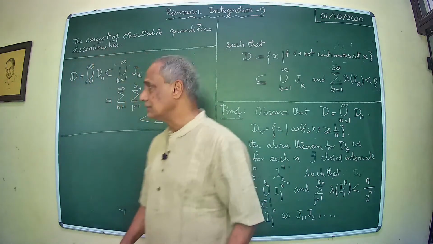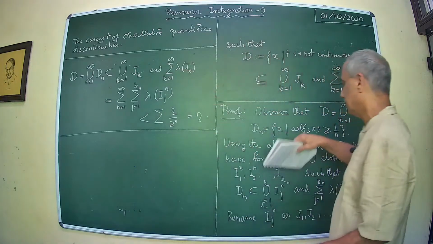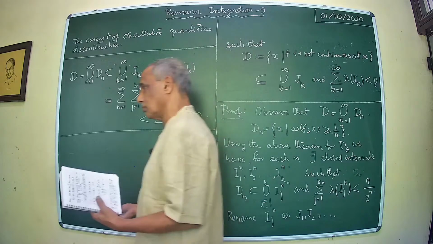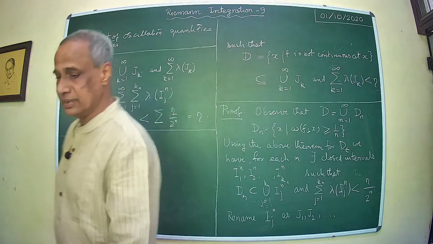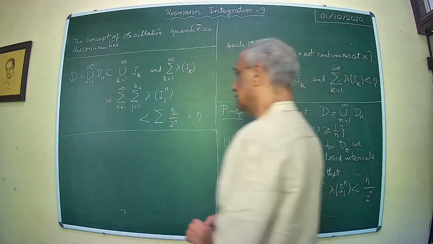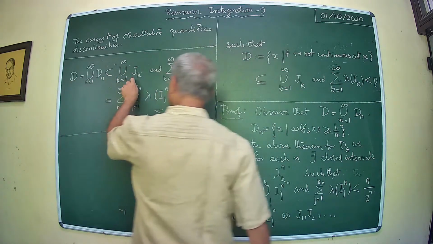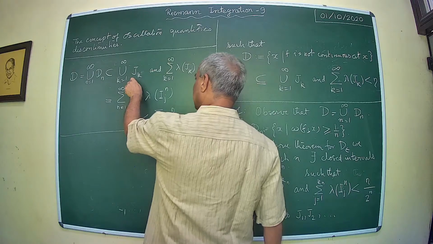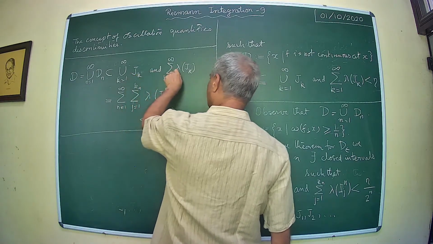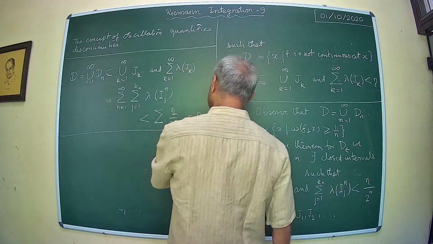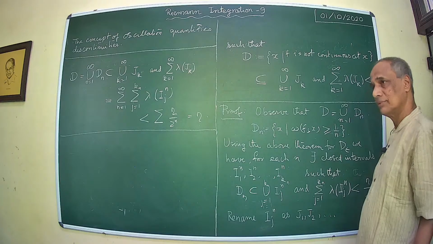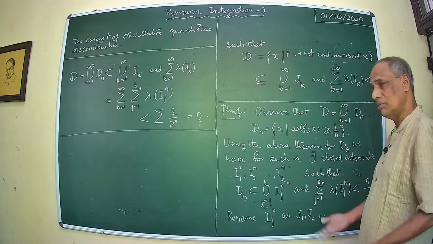This is the final theorem that we have here on the nature of the discontinuities that we can have. The set of discontinuities can be packed into a countable union of closed intervals whose total length can be made arbitrarily small. So that's the whole idea.